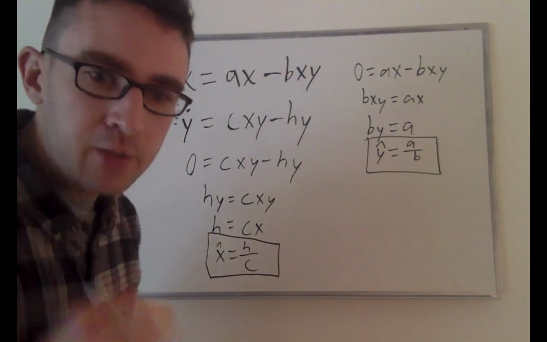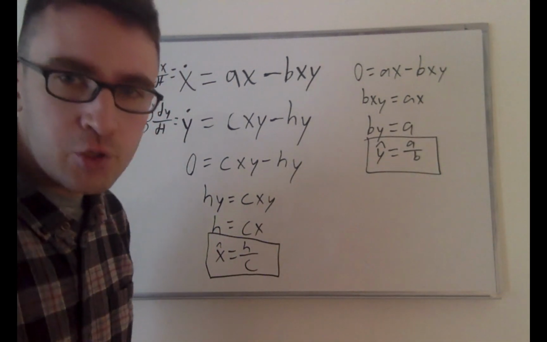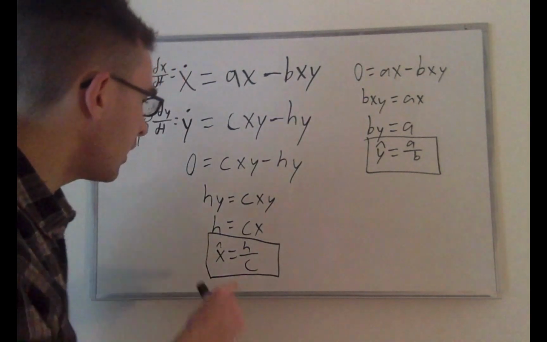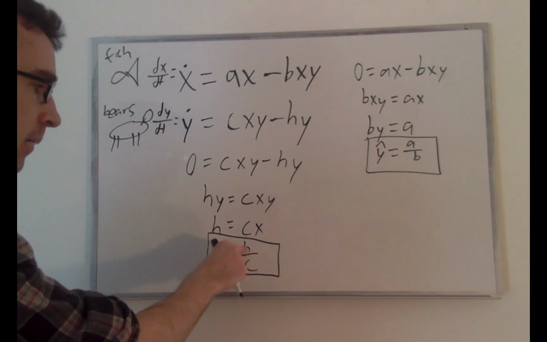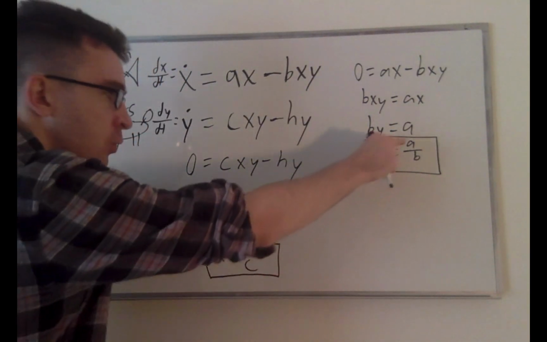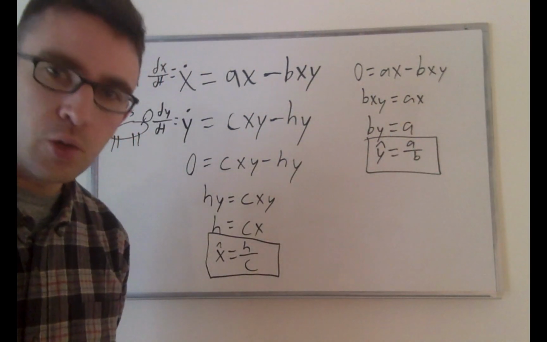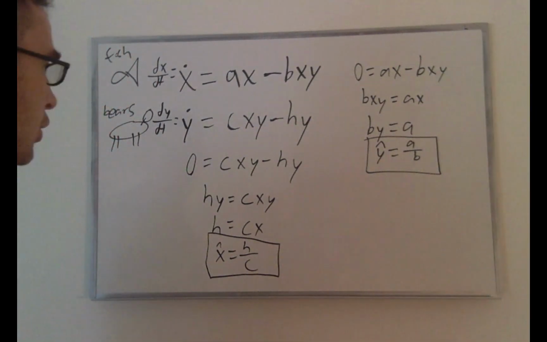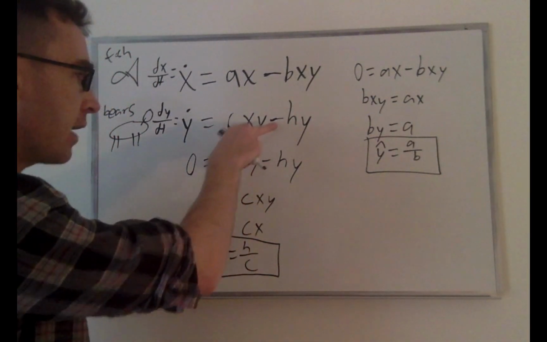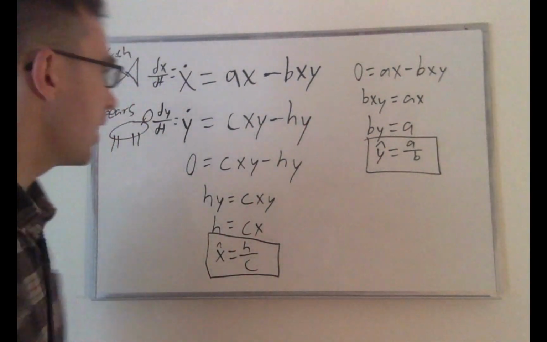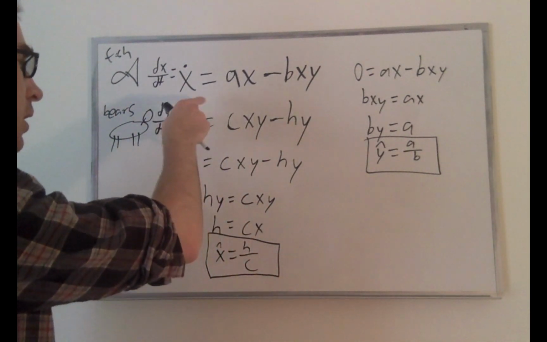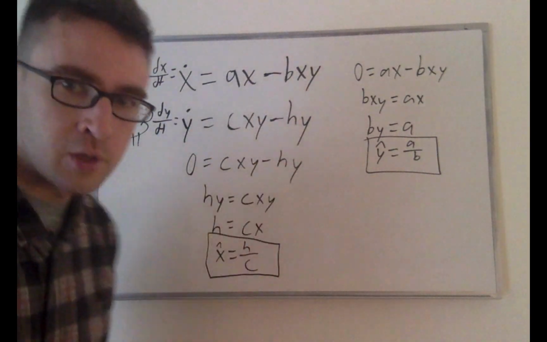So this is our non-trivial equilibrium point. x equals h over c and y equals a over b. You might have noticed that we also have a trivial equilibrium point of 0, 0, because if both x and y are equal to 0, then these differential equations will also be equal to 0.